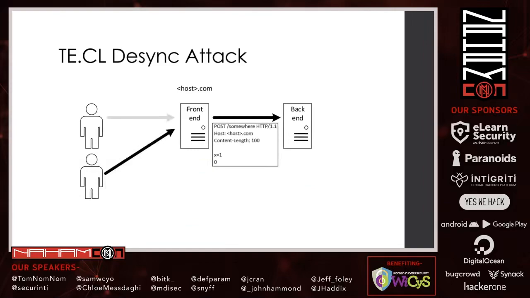And so when a victim comes to access host.com from the front end, we have that POST to /somewhere as a poison between the front end and the back end.